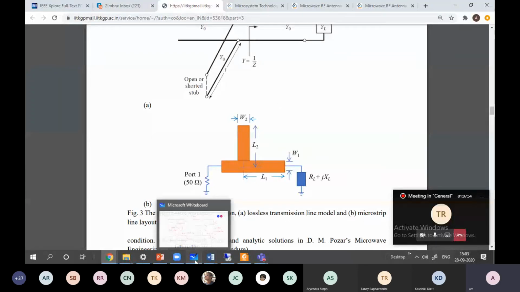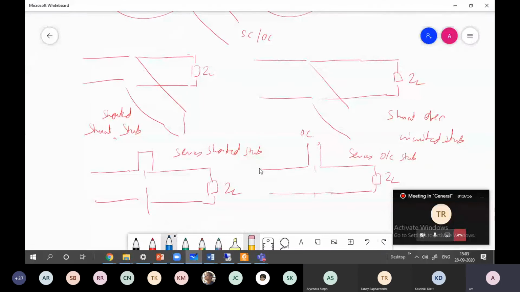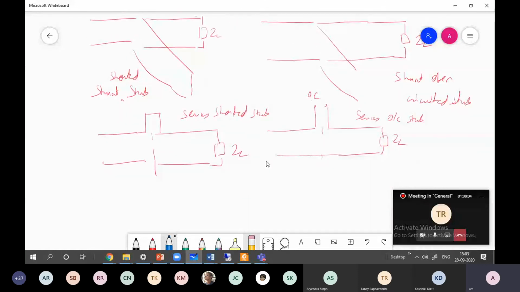The reason is that open circuited stubs are likely to radiate.